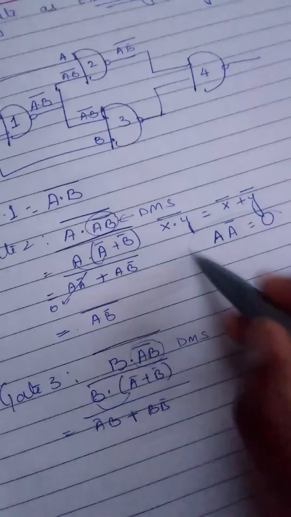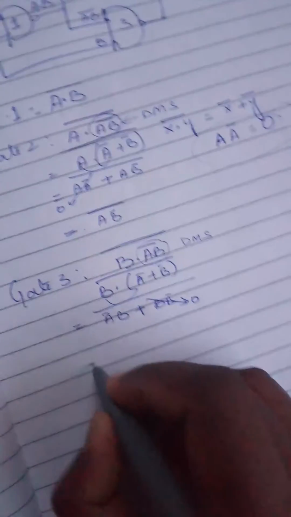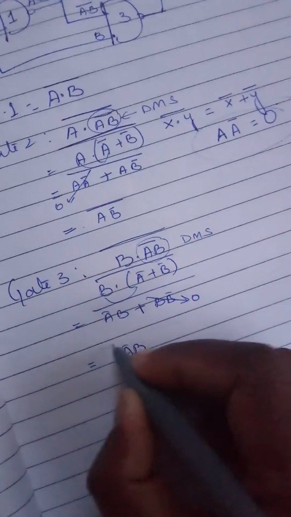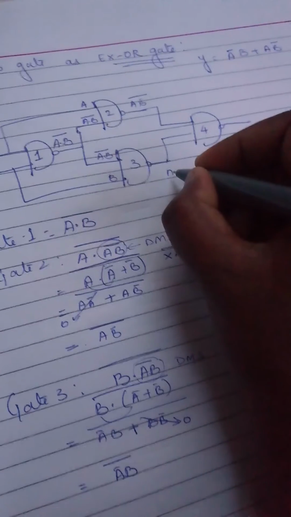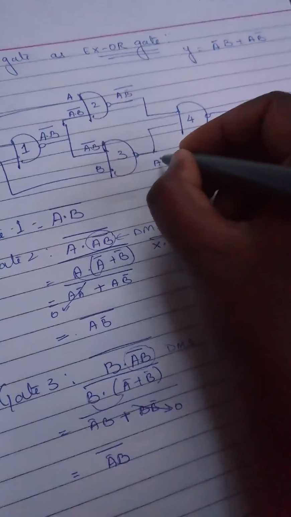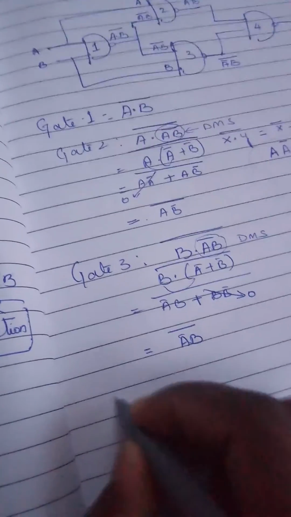According to this rule, B B bar goes down to 0. This leads to (A bar B) complement. So the output of gate 3 is (A bar B) complement.